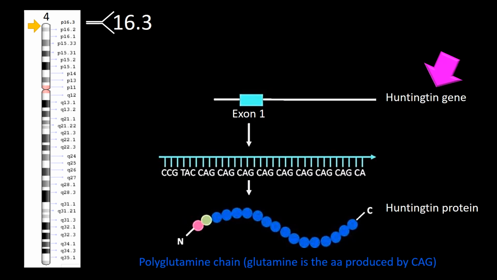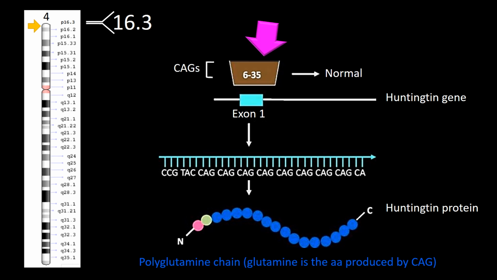In normal situations, the Huntington gene produces Huntington protein, a polyglutamine chain with less than 35 glutamines attached. This is so because a normal Huntington gene has from 6 to 35 CAG repeats.